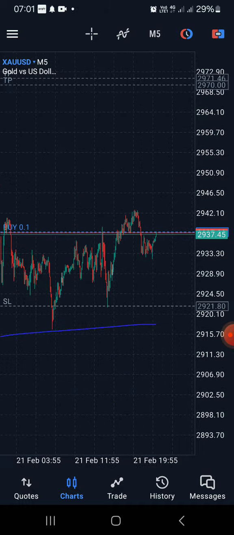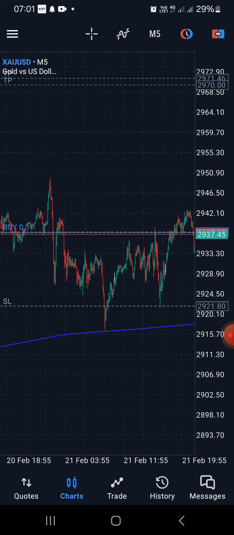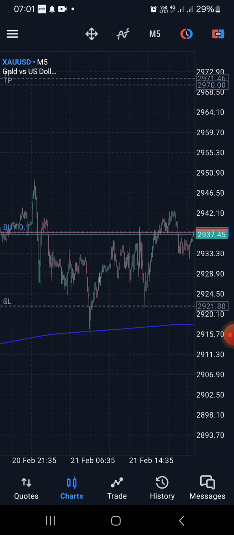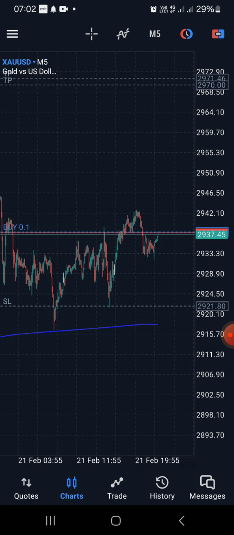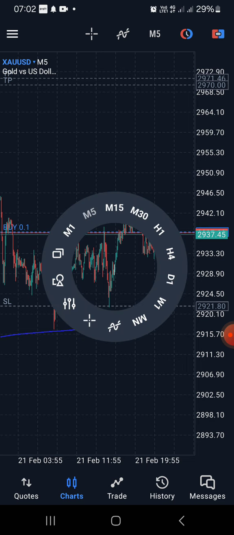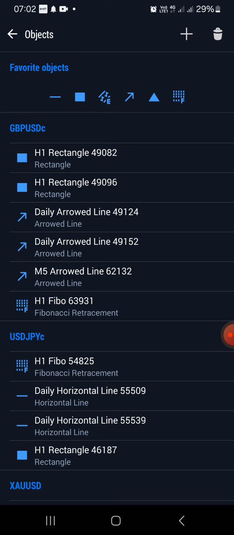Can you see? So for me to enter this trade now, I saw a higher high, lower high, higher low, lower low. Then I saw a higher low here and a higher high from here, which shows that if I put a zigzag around here, the market is trying to change direction after.